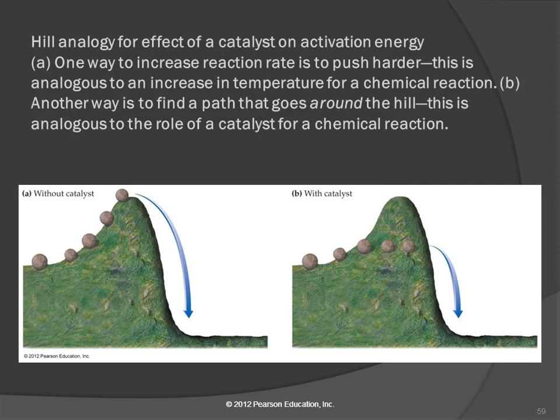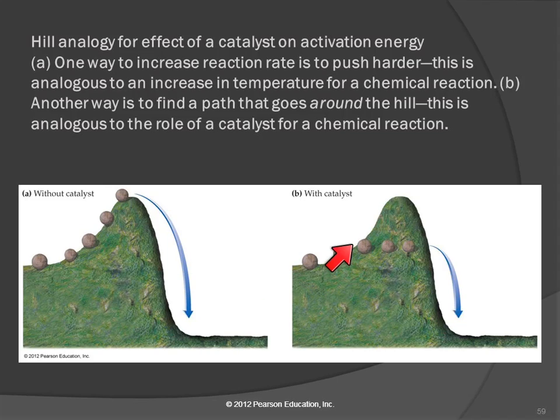So here we have a picture of, what are those? Boulders being pushed off a cliff. So without a catalyst, you have to push the boulder up this steep hill before it can fall off the cliff. And that requires a lot of energy, and not many of them are going to get up over that hump.